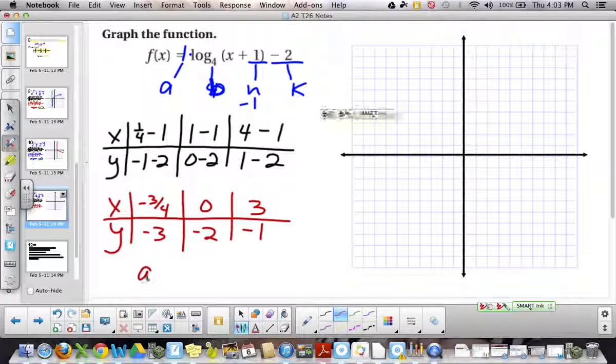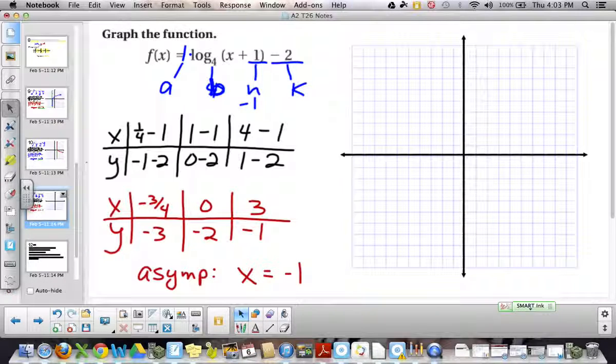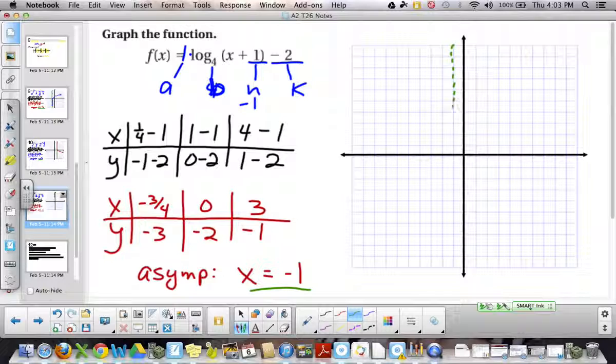Our asymptote this time, again, will be the line x equals h, which is -1. So start by drawing that asymptote. X equals -1. We have the vertical line here at -1. And then our points, plotting those, we've got -3/4, -3 is right about here. 0, -2 is here.